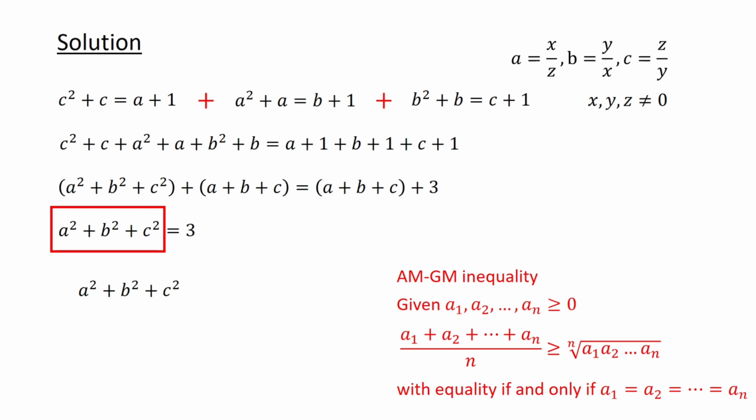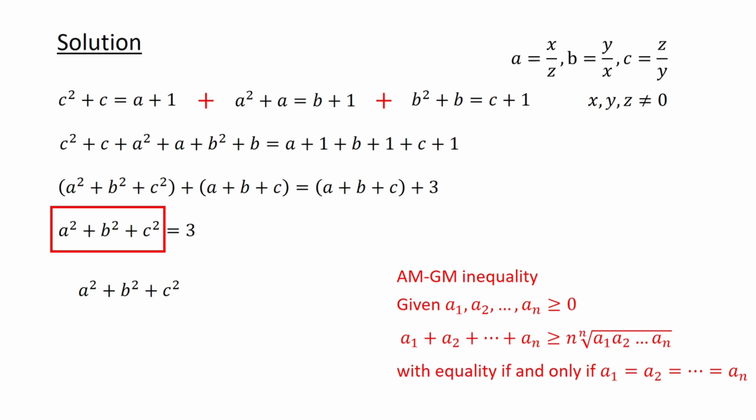Multiplying n to both sides of the inequality, we obtain the sum of the variables is greater than or equal to n times the nth root of the product of the variables.